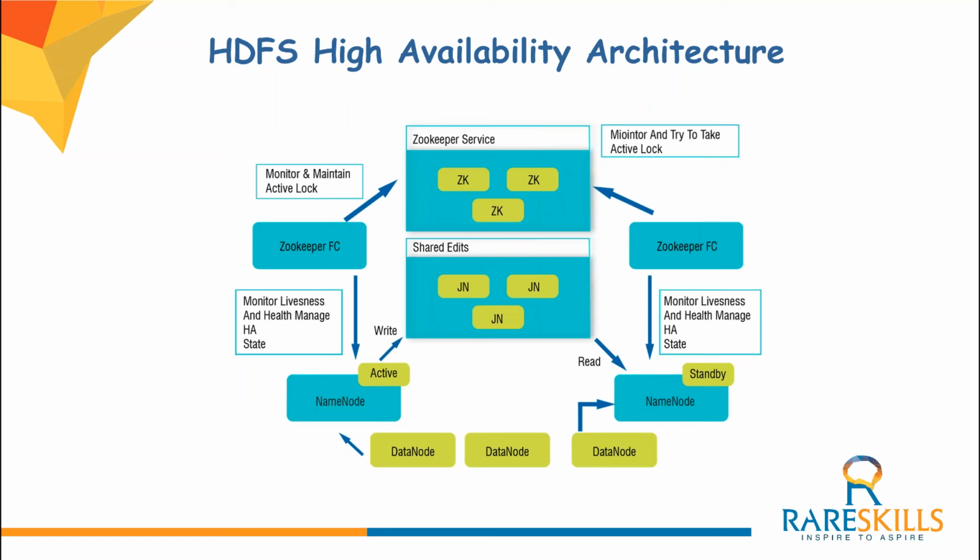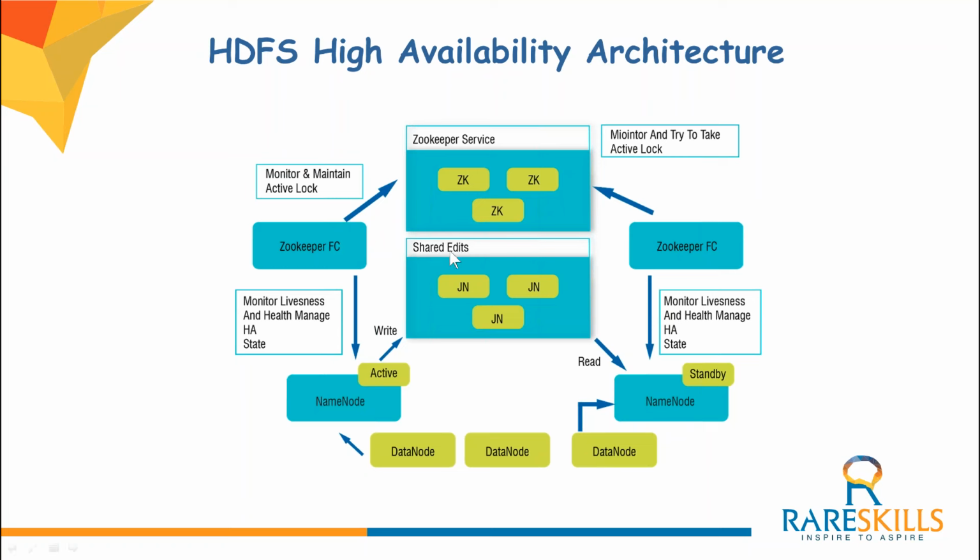The advantage here is that the ZooKeeper failover controller helps in making the standby name node active, because, as I said earlier, all the data nodes are advertising their blocks to both the name nodes. So the failover is very quick and there is no hindrance on the jobs or any kind of session blockage for any jobs in the cluster.